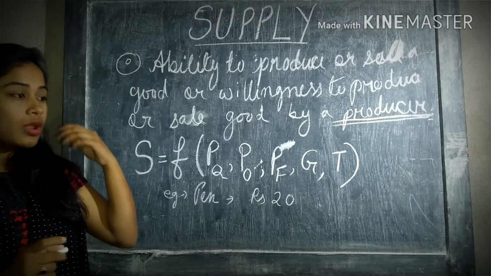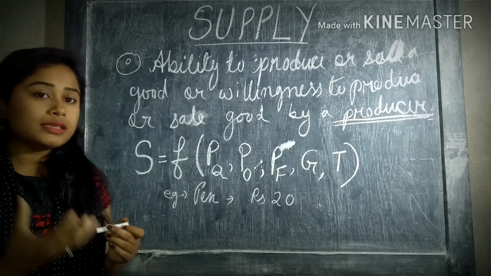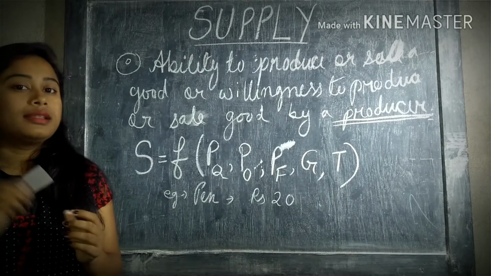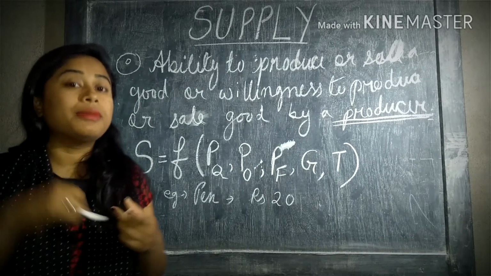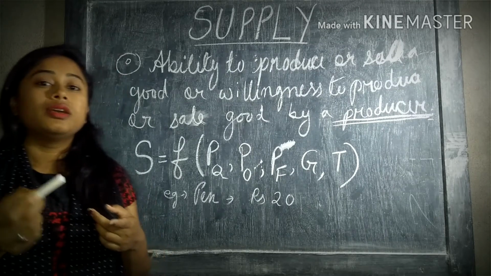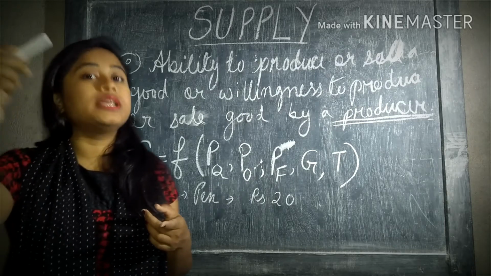So the supplier sees that the price of the pen has increased to rupees 20 in the market. That means he can make more profit by producing and selling that pen in the market, because the price of that pen has increased.